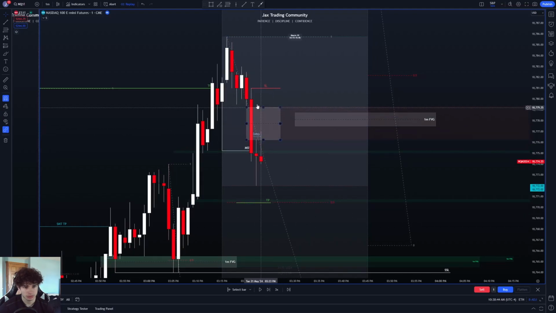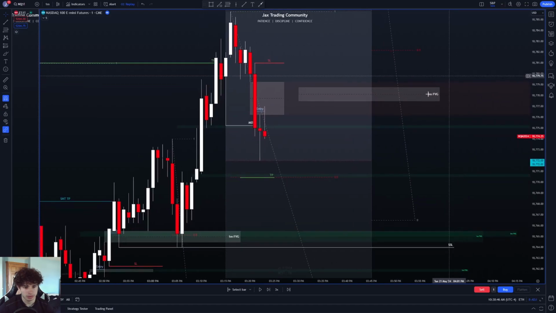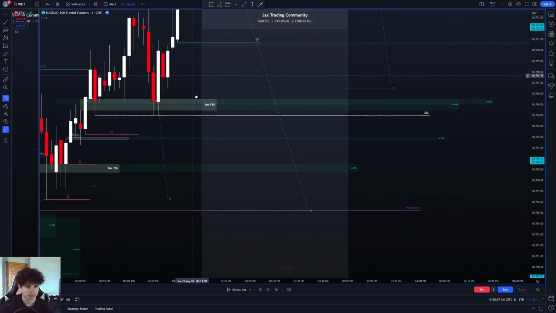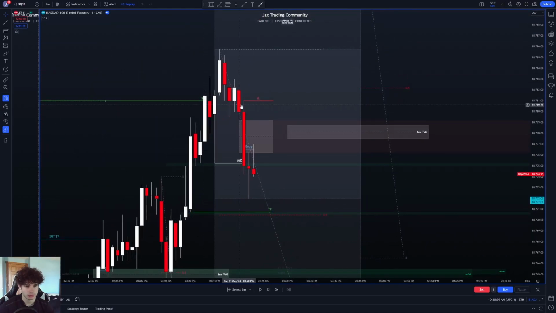So we take this entry. Now, if I'm going to put a TP here, I have to be cautious because there is a 1 minute right here. So my TP would actually probably be at this 1 minute just to be safe. But also, my stop, I'd actually probably move to this candle's high, just so my risk to reward is good.